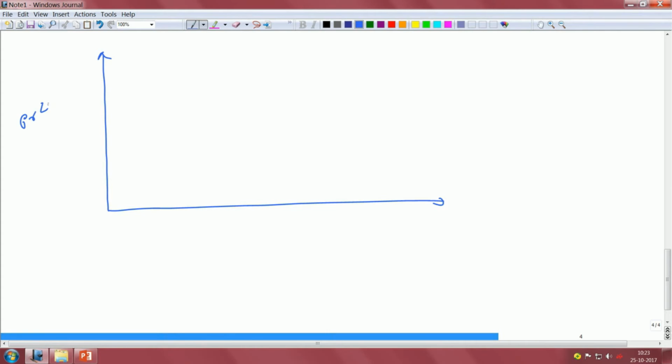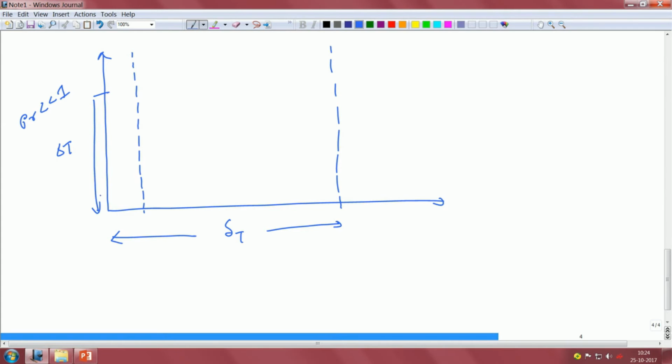Once again it is a Prandtl number much less than 1 system. I will put a few lines and we will go through it as and when. This is delta t, the temperature differential.